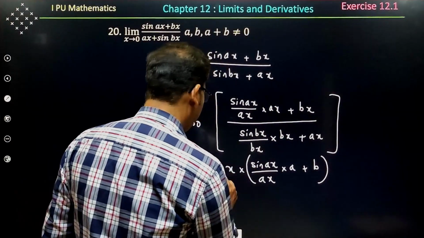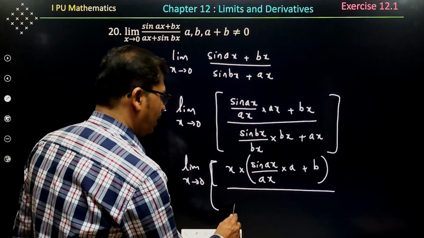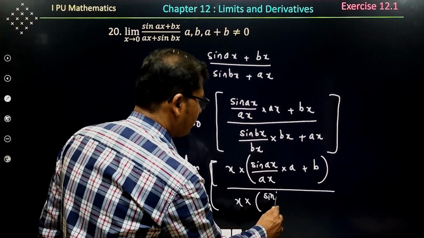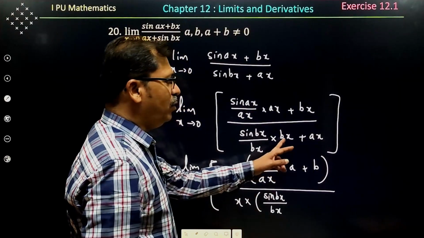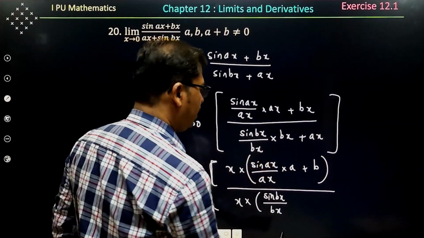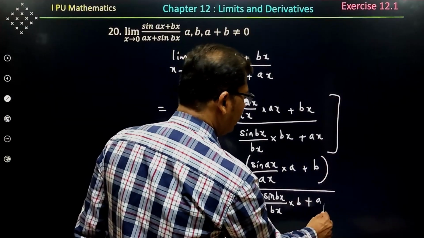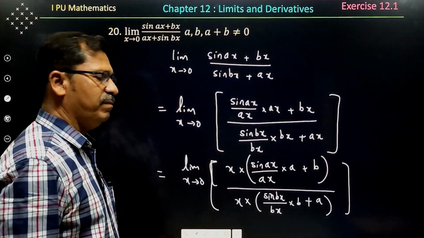Similarly, in the denominator also, you do one thing, x you take common. Then this becomes sin bx divided by bx as it is. Out of that bx, x is taken outside, into b remains, plus x is taken outside, a remains. Somewhat tricky, please concentrate here.